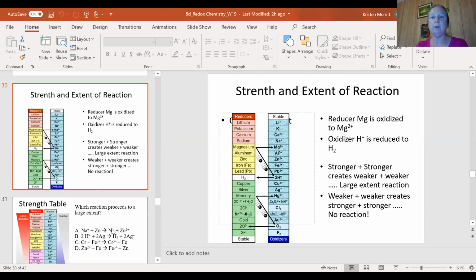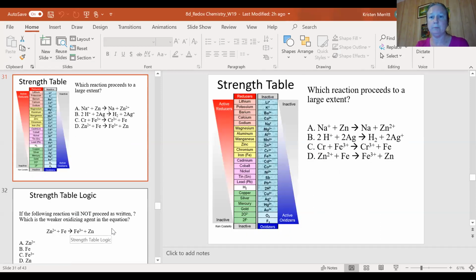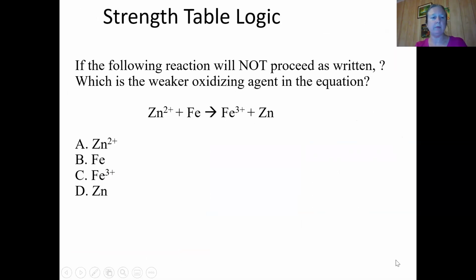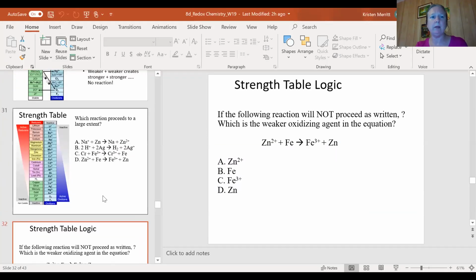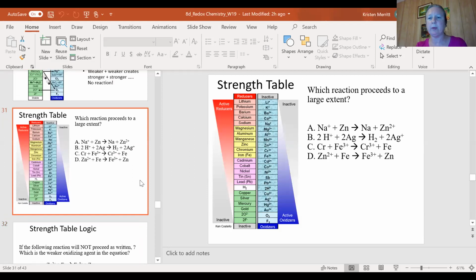So if we look at these 4 examples, when you get this on a test, you won't have that table, but you will get the series.